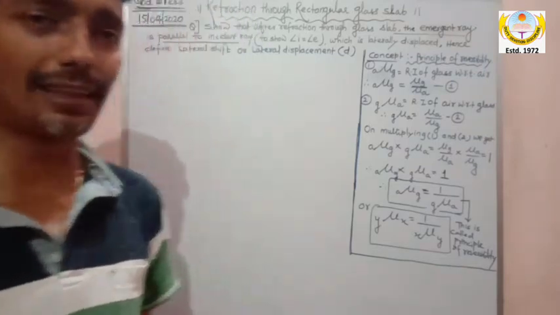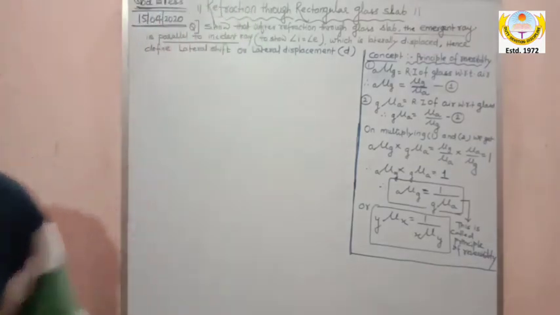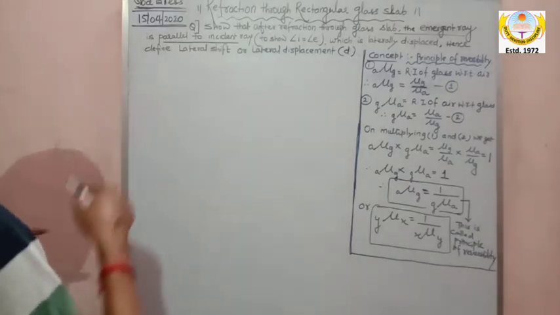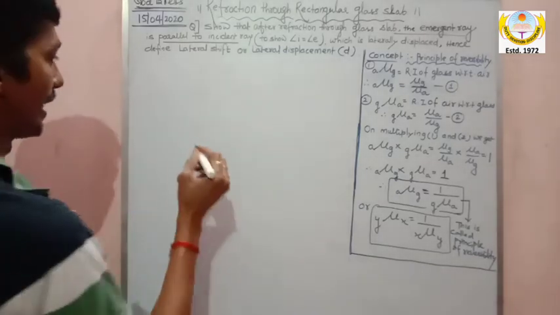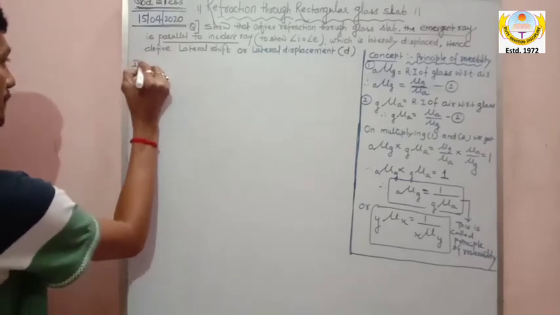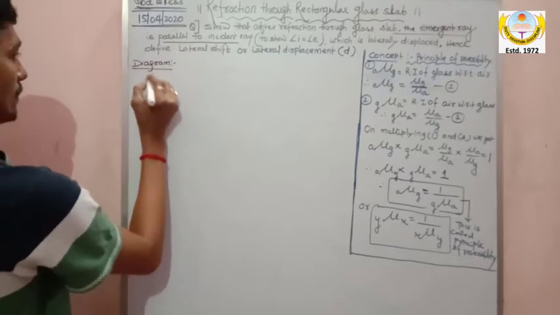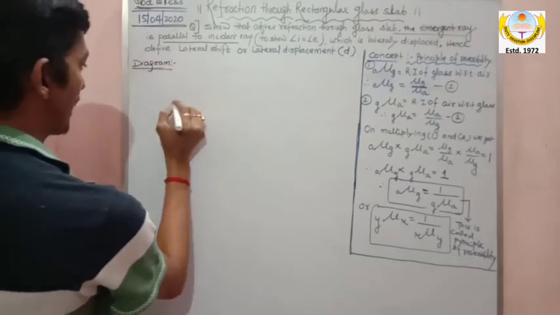Now my dear, let's begin with the topic of how to do this question. For this, I am drawing a diagram. Look at the diagram carefully. Here I have taken a glass slab.